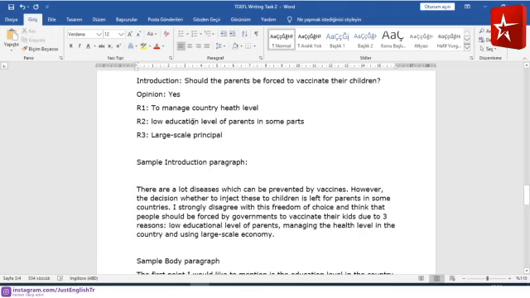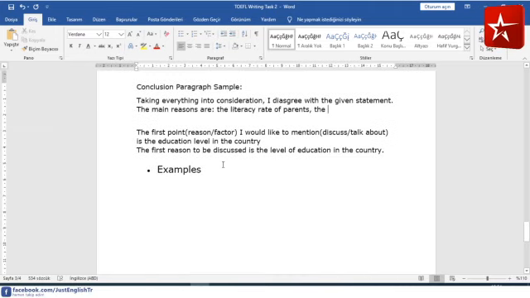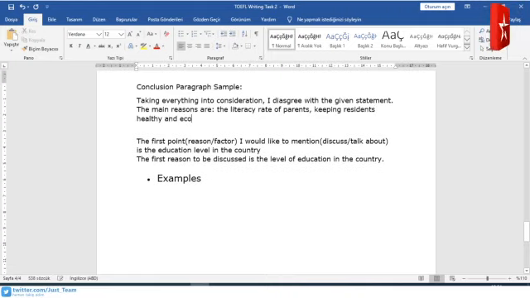I don't remember. Healthy level, keeping residents healthy, and economical benefits of the country. So I kind of changed the words.